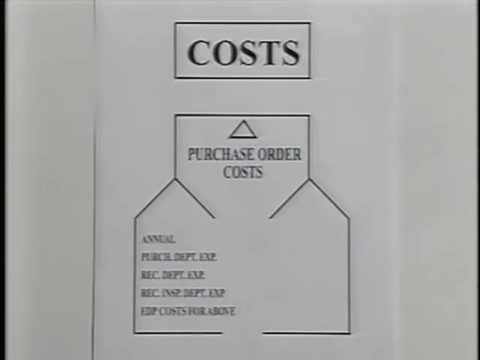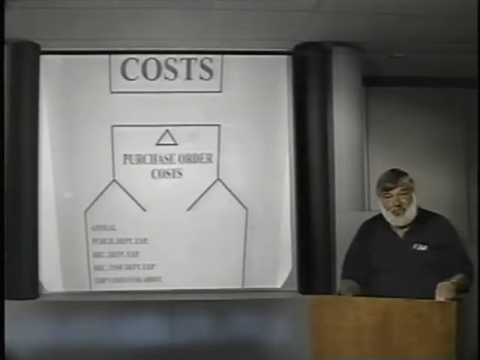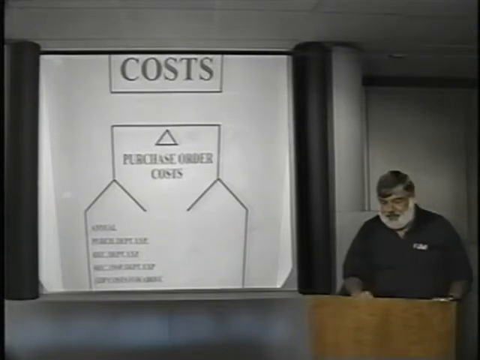Now, if I total all of those expenditures up on an annual basis and divide by the number of purchase orders that we're going to issue out over 1 year, I will be able to develop what we call the annual purchase order cost. Some people refer to it as the average PO cost, and others refer to it as the procurement cost, the cost to procure.